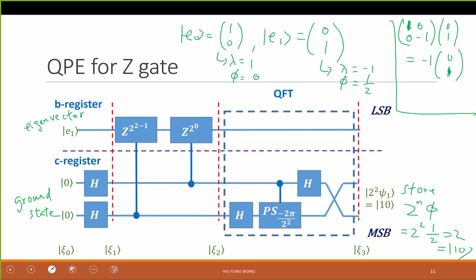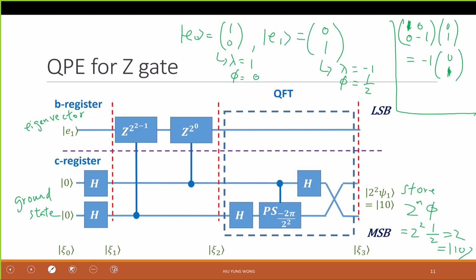C register is different. You can put as many qubits as you want. But why is it important? Because eventually it's going to store 2 to the power n times your phi. If you only have 1 qubit, you are going to do 2 times phi. Your resolution will be bad. Because your phi can be 0.123 or 0.01. Both of them, when you multiply by 2, are close to 0. You cannot resolve that. So you want to have more qubits so that I have 2 to the power 10, which means 1,000.